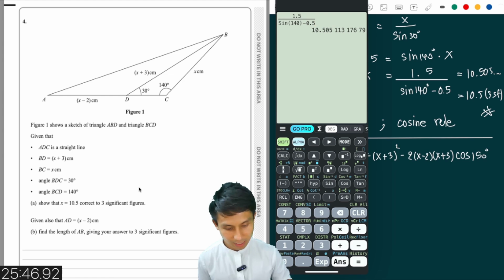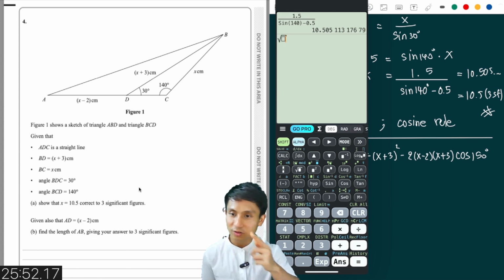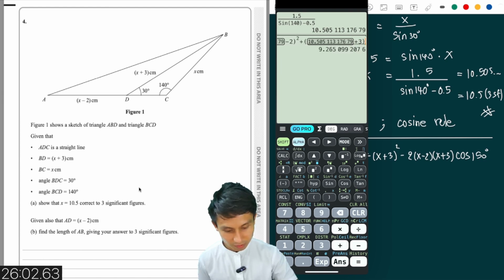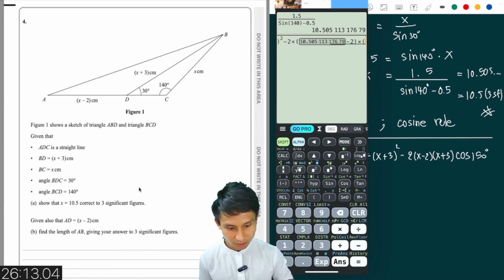Okay, so put that as an answer first. Clear. So that was square root. What was it again? I'm just going to look at the question here. Answer minus 2 squared plus answer plus 3 squared minus 2 times, again, answer minus 2 brackets times open bracket, answer plus 3 close bracket, and then don't forget the cos of 150.